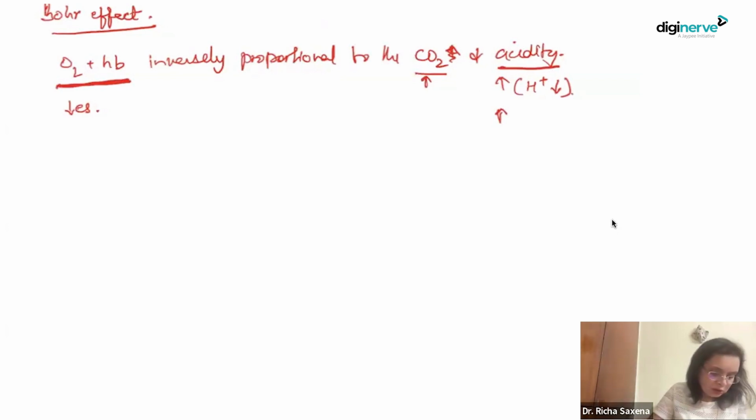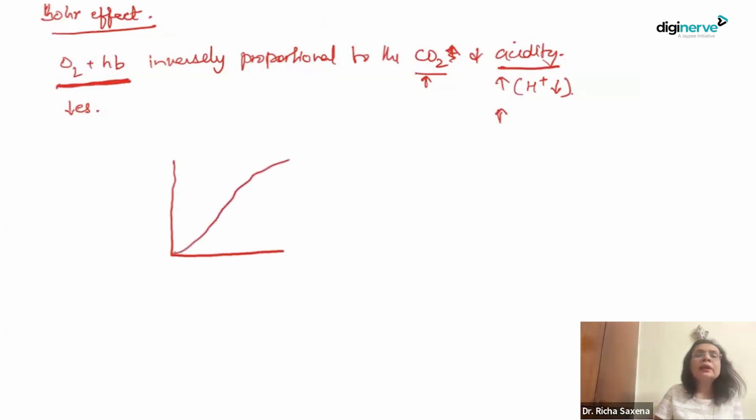what happens to the oxygen dissociation curve? You know, this is the oxygen dissociation curve. Okay, now this curve shifts to the left. If this curve shifts to the left, that means oxygen combines very strongly with hemoglobin.